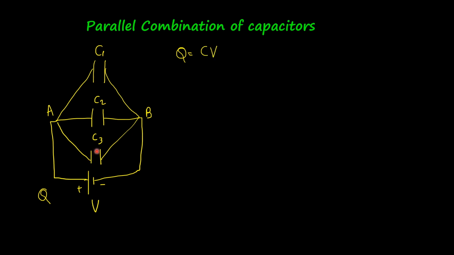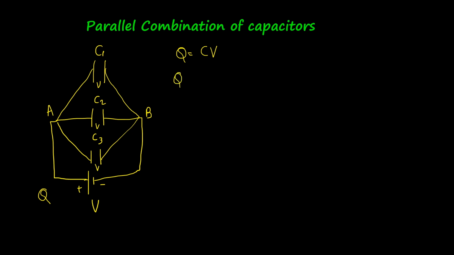The potential difference of these three capacitors will be the same, because the second plate is connected to the negative terminal of the battery and the first plate is connected to the positive terminal of the battery, and it is equal to the potential difference of the battery V. Though all the capacitors have the same potential difference, the capacitance is different, C1, C2 and C3.